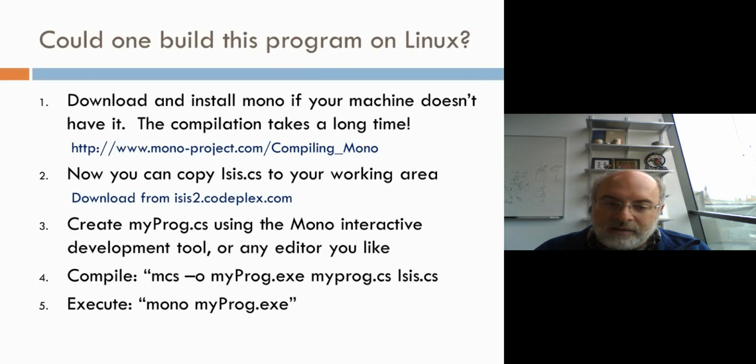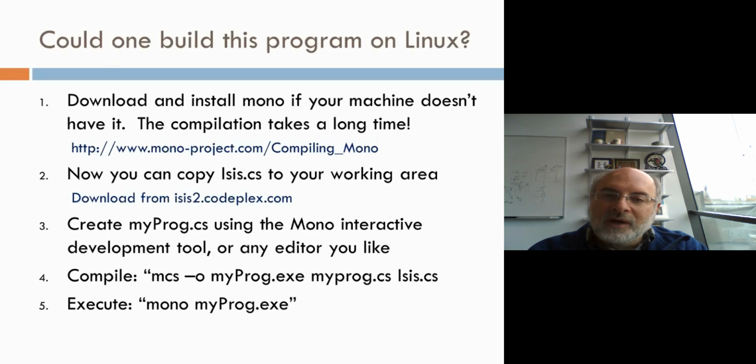Then compile it. You're going to say something like mono C#, MCS is the compiler. Put the output into myprog.exe, and you're going to give myprog.cs and isis.cs. The only thing being, I guess you need a capital P for myprog, because apparently I've got that wrong. And also, you may have to tell it where to look for the libraries.